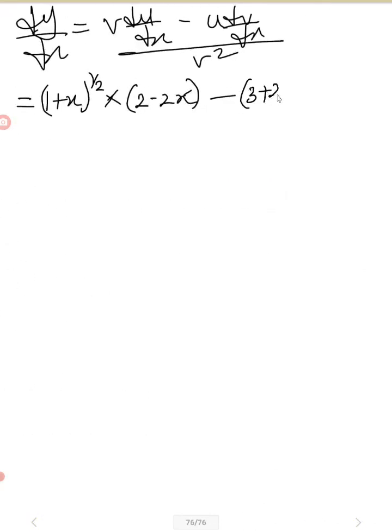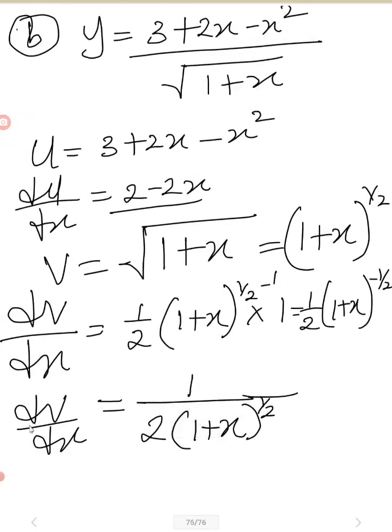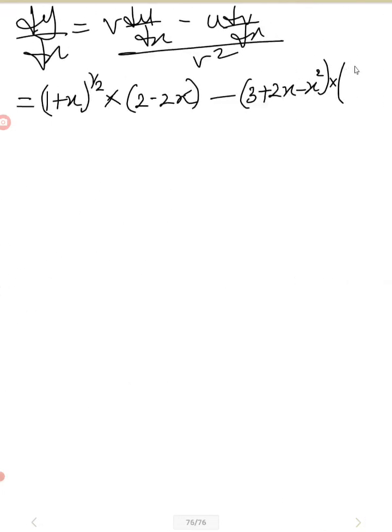3 plus 2x minus x squared, multiplied by dv/dx, which is 1 over 2 onto 1 plus x raised to power half.